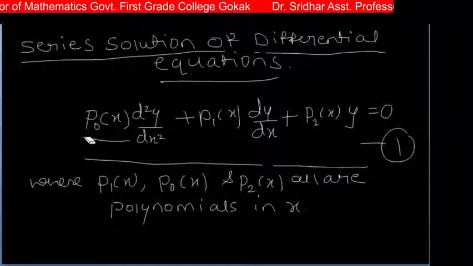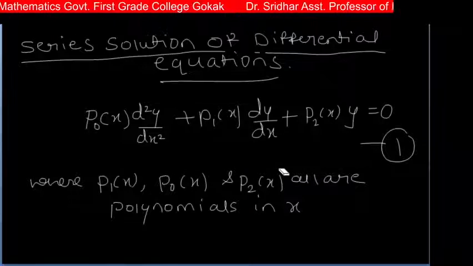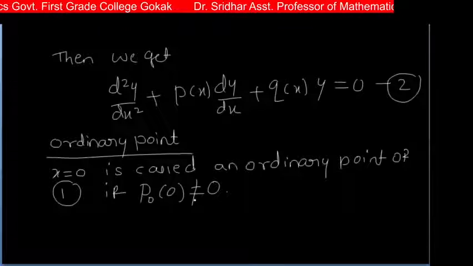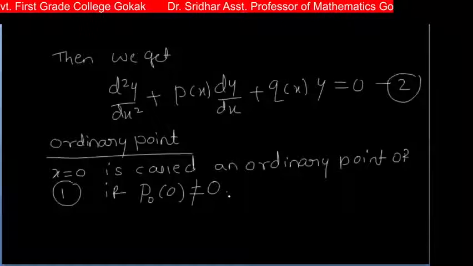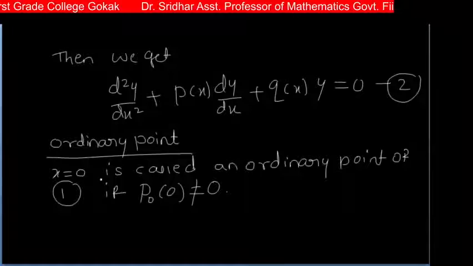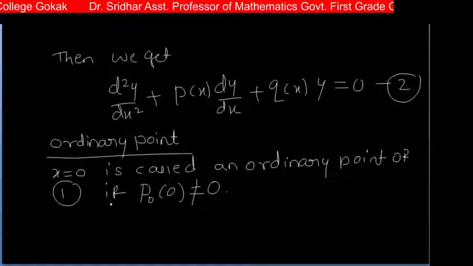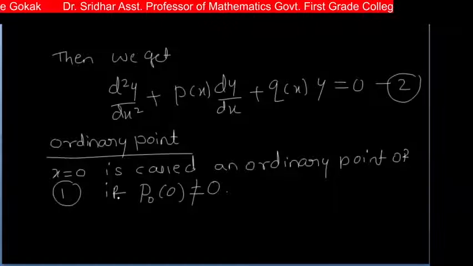Okay, so here if P0 of 0 is not equal to 0, then x equal to 0 is called an ordinary point of 1.